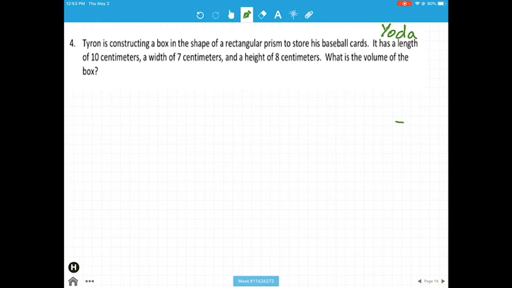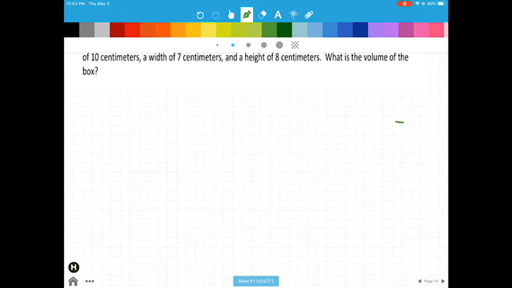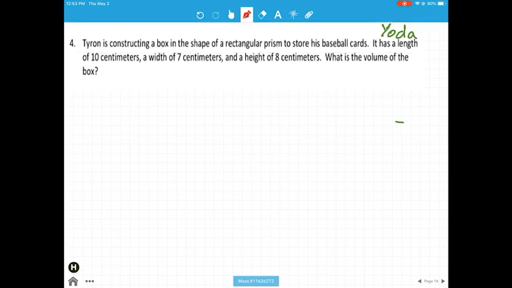Tyrone is constructing a box in the shape of a rectangular prism to store his baseball cards. It has a length of 10 centimeters, a width of 7 centimeters, and a height of 8 centimeters. What is the volume of the box? We're drawing a picture first, and we know that the length is 10 centimeters. So we're going to go 10 centimeters. It doesn't really matter if you draw it exactly, but the idea is that you understand that there's 10 centimeters.